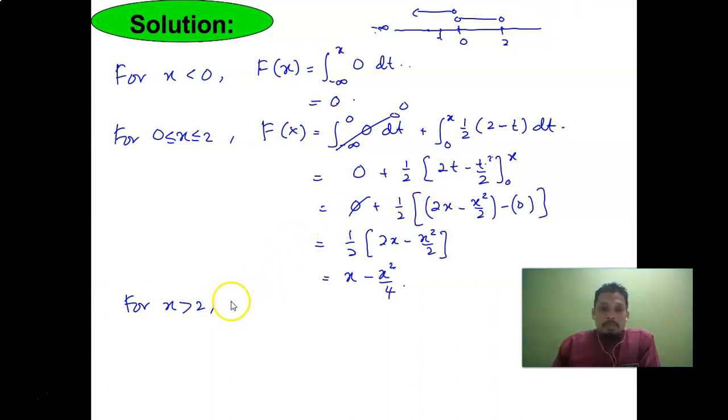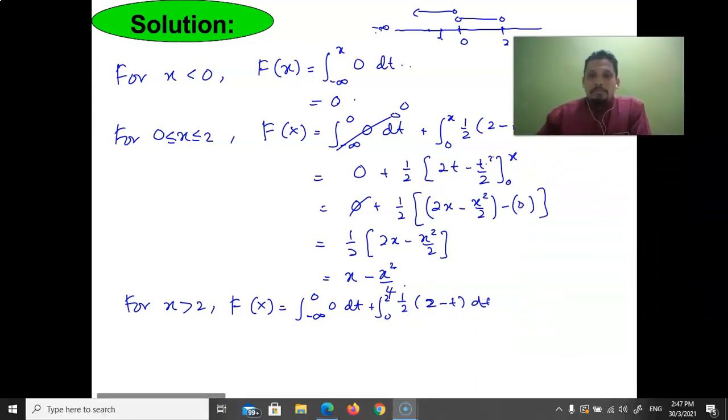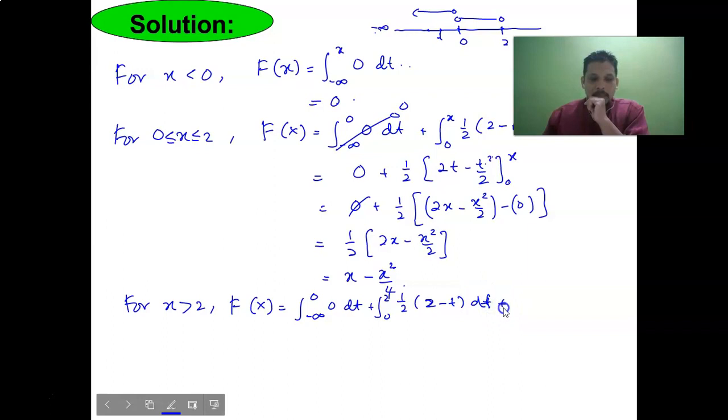Okay, so F(x) equal to the integral from negative infinity until 0 of 0 dt, plus from 0 until 2, 1 over 2 times (2 minus t) dt, and plus from 2 to any value of x greater than 2, so put an x here, 0 dt.